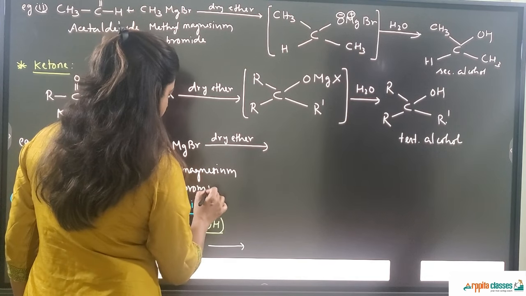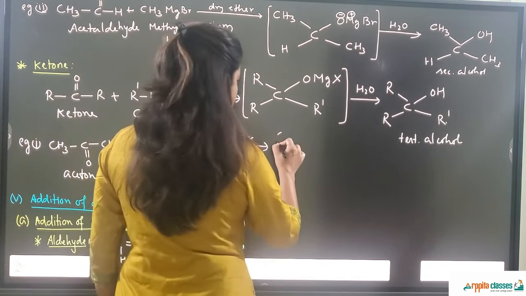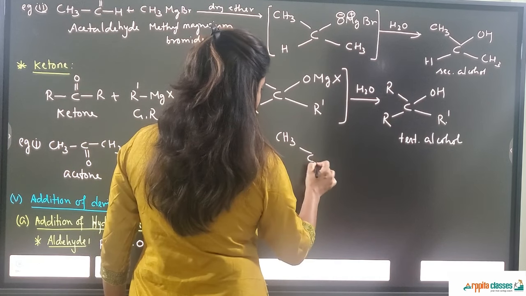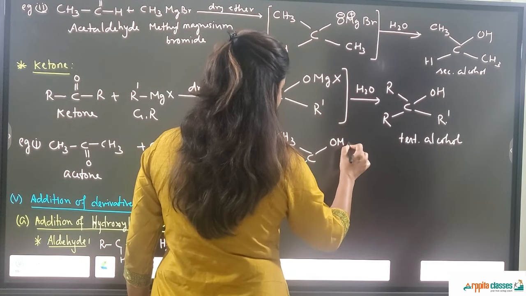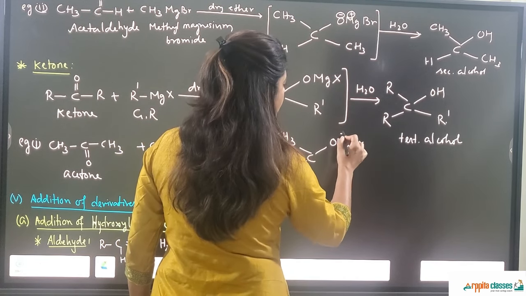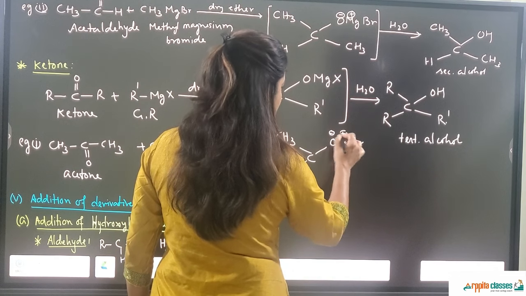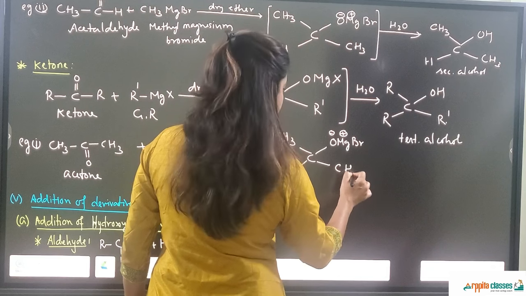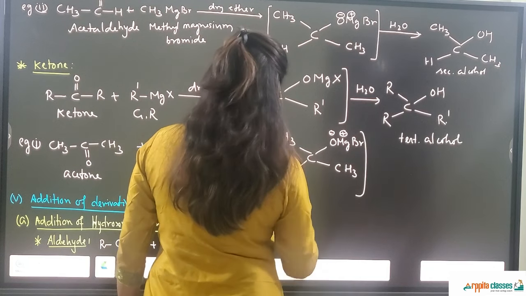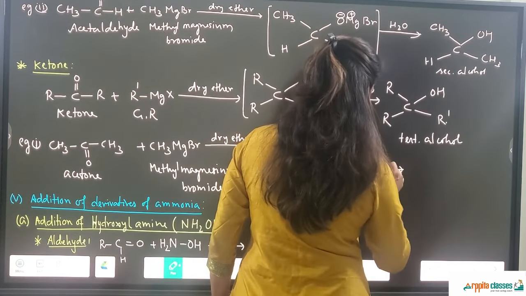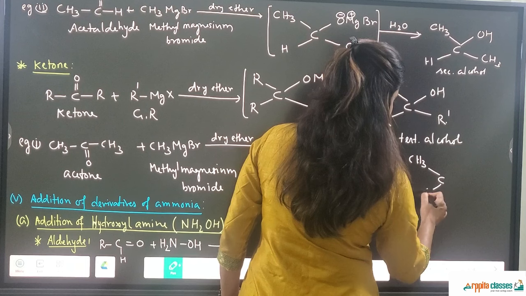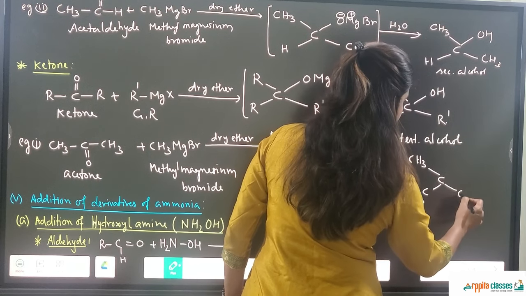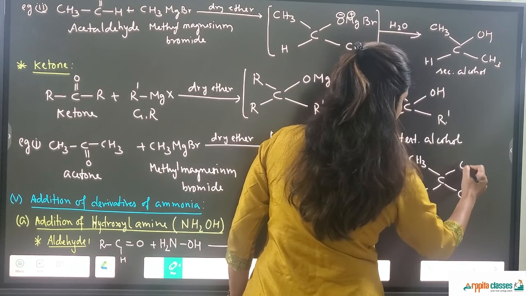In presence of dry ether, first I'll get CH3, and now this is OMgBr plus, and this is minus, and this side we have CH3, which is a complex, followed by H2O. CH3C, CH3 and OH.